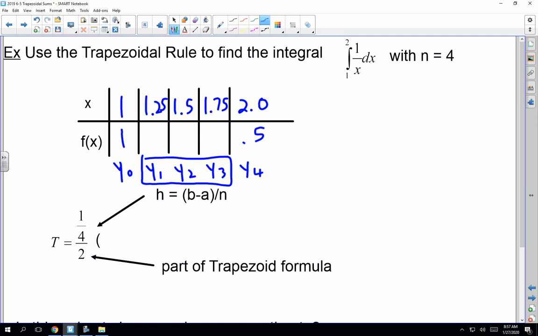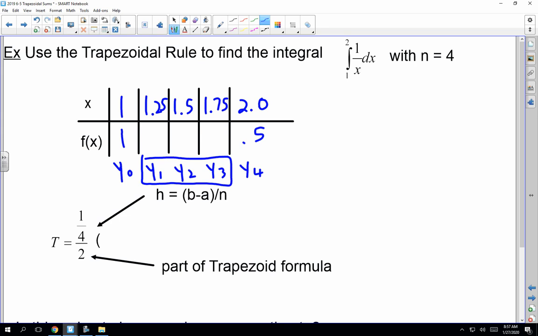I need some help with these. So it'd be 1 over 1.25. What decimal do you get for 1 over 1.25? What's that? 0.8, yeah.